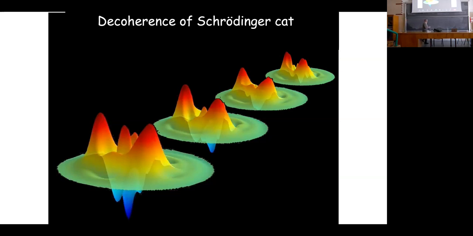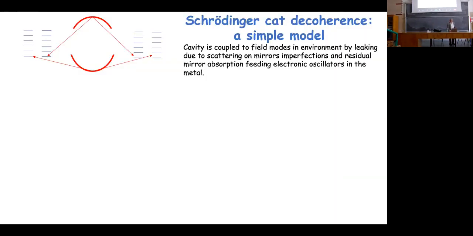This is of course experimental, but I will start by giving you very briefly the theory, how you can understand theoretically what's going on. The theory was made in the 1980s by Wojciech Zurek, the American physicist who published in 1991 a very well-cited paper in Physics Today, a semi-popular paper in which he describes the decoherence of this kind of cat state.